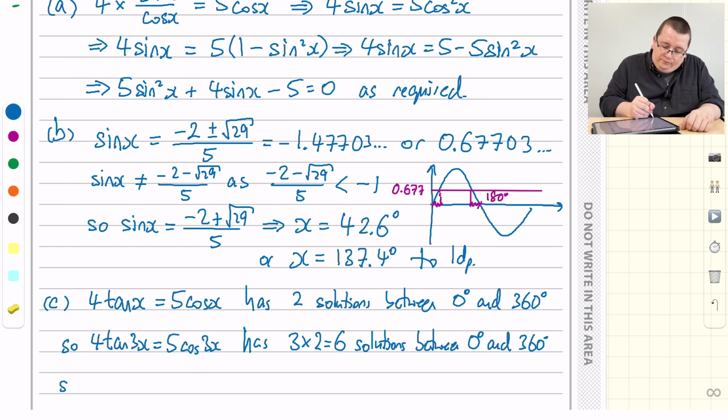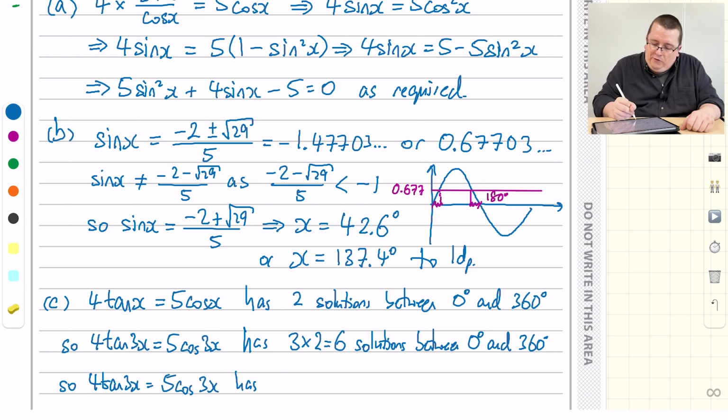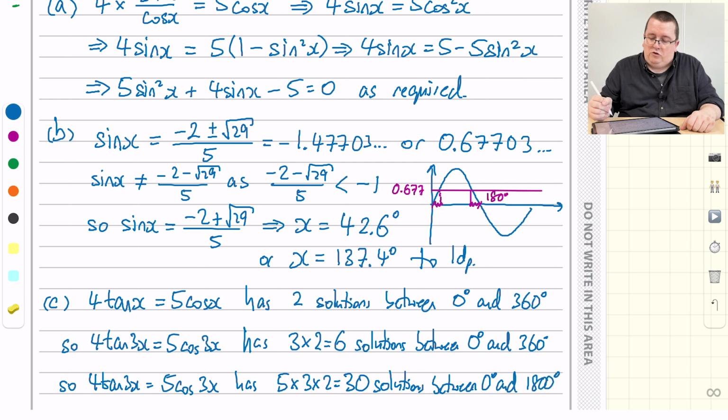So 4 tan 3x equals 5 cosine 3x has 5 times 3 times 2, so that would be 30 solutions between 0 and 1800 degrees. And thank goodness we don't have to find them all.